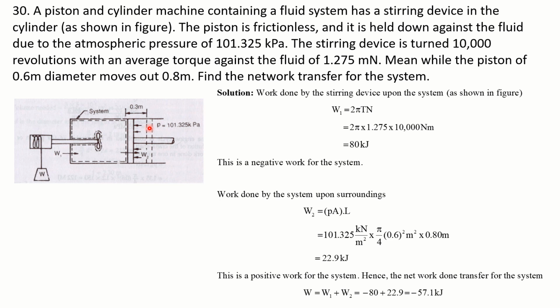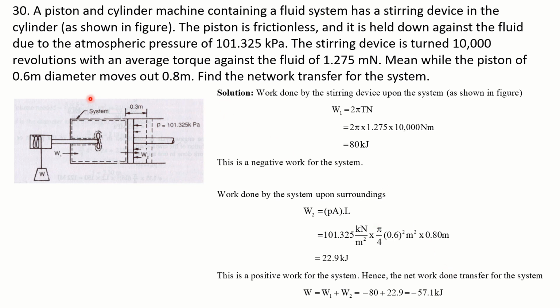Now work done by this, that is PdV work, PdV. So pressure is 101.325 kilopascal. Area of cross section of the piston is pi by 4 d square, and the distance traveled.